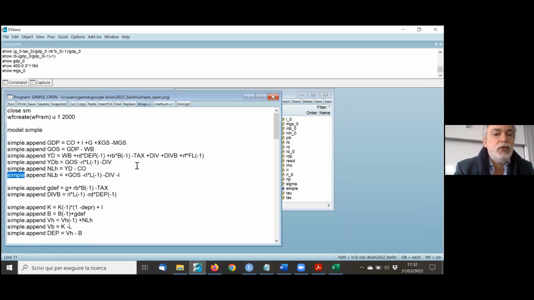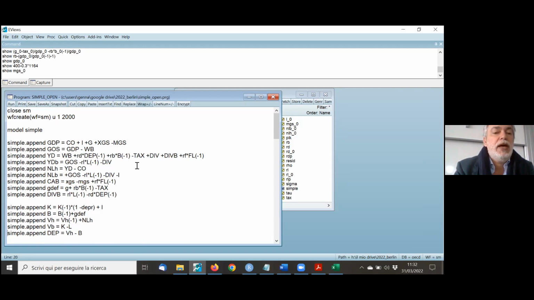We will want to add the current account balance, which is exports minus imports plus the interest they pay on foreign liabilities.